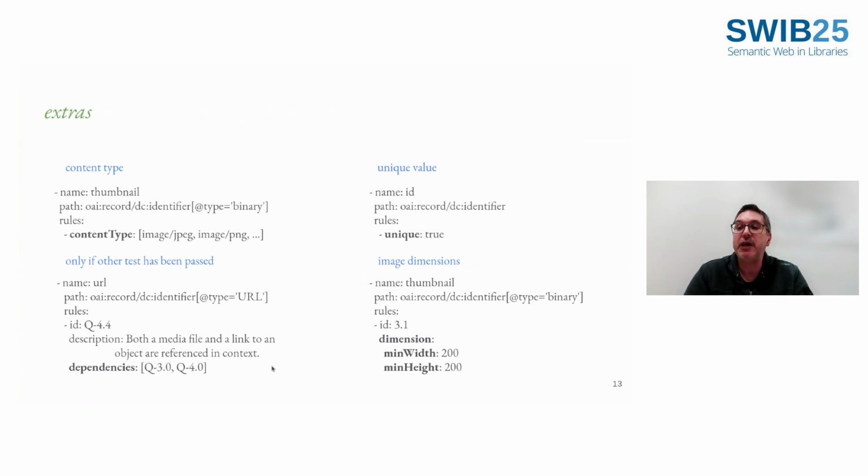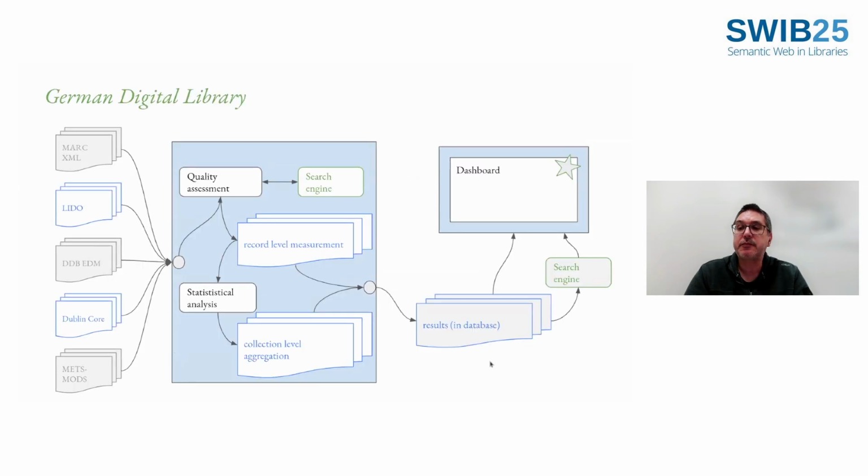For example, check values of an optional element only if it is available. And finally, checking dimensions of an image. Here we said that the image should be at least 200 pixels by 200 pixels. After this short introduction, I will talk about 3 use cases where we use this approach.